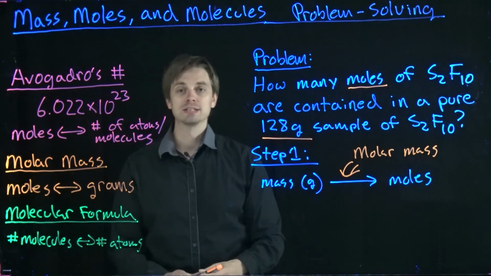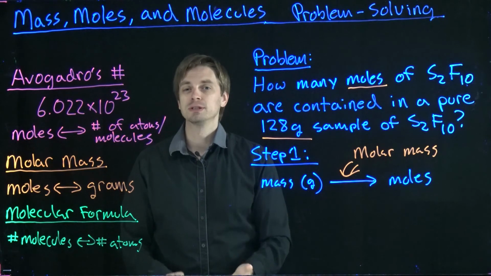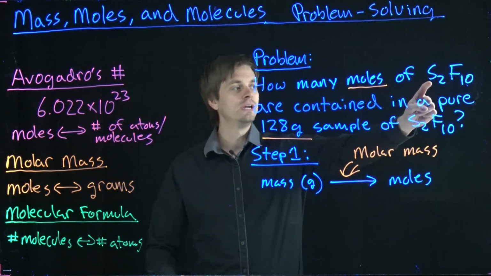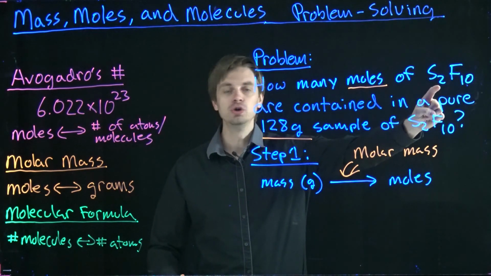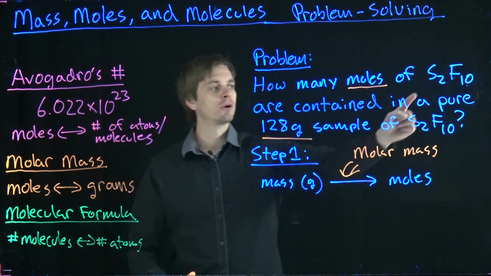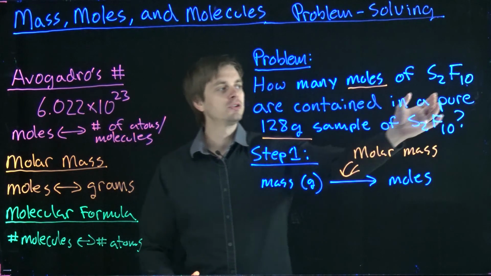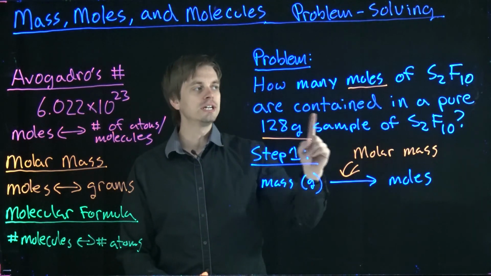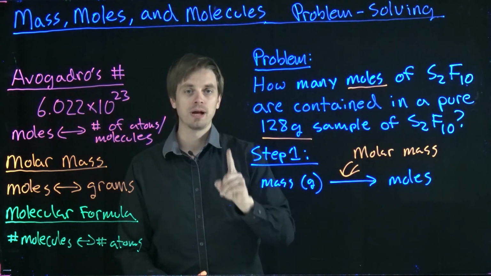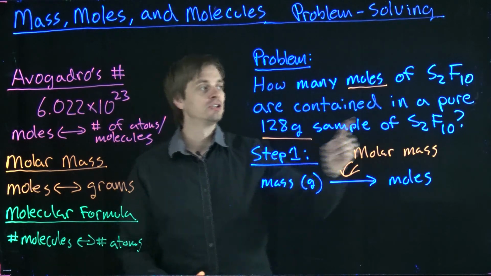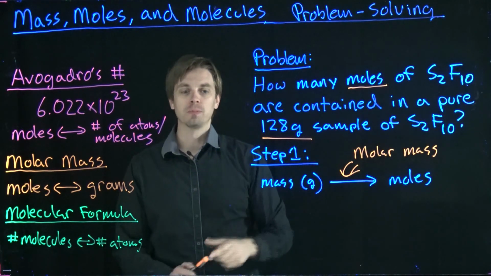Now, the molar mass, of course, depends on what substance you're working with. In this case, we have the chemical compound S2F10, a compound comprised of 2 sulfur atoms and 10 fluorine atoms. So we're going to have to go to the periodic table, look at the molar mass of sulfur, multiply it by 2, and add that to the molar mass of fluorine multiplied by 10.